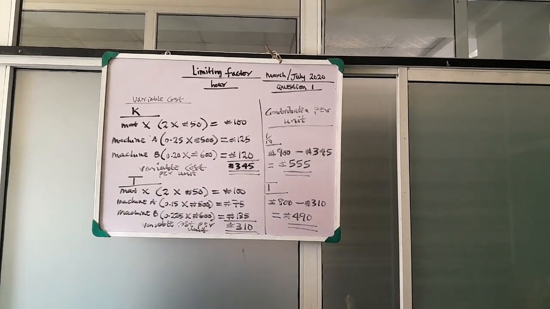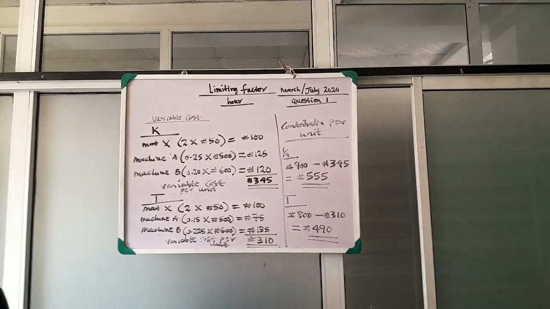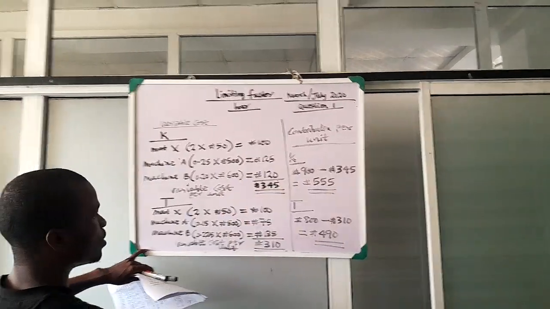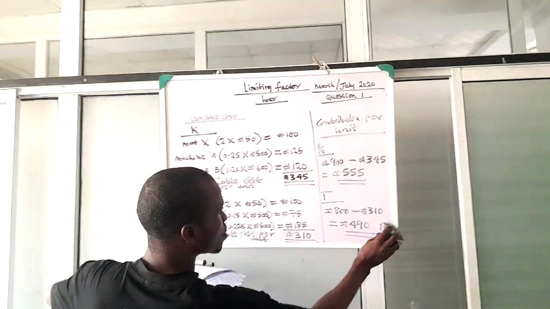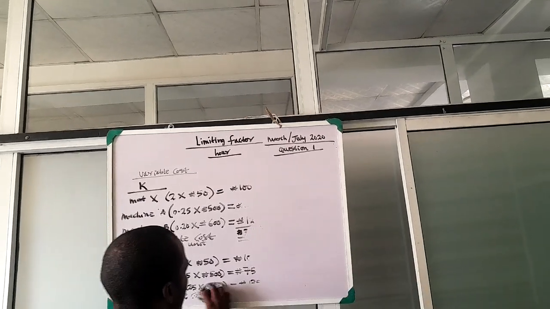We are going to proceed to get the total contribution, based on the outputs that we chose in the previous values. So total contribution for each of them, then we make our choice.